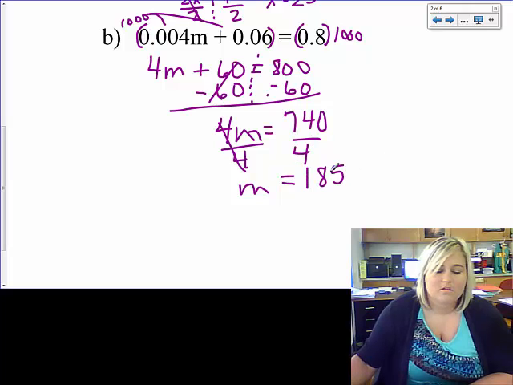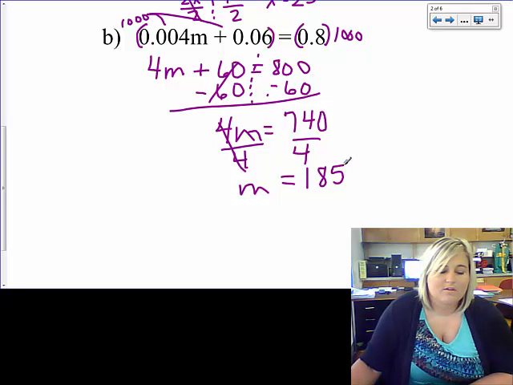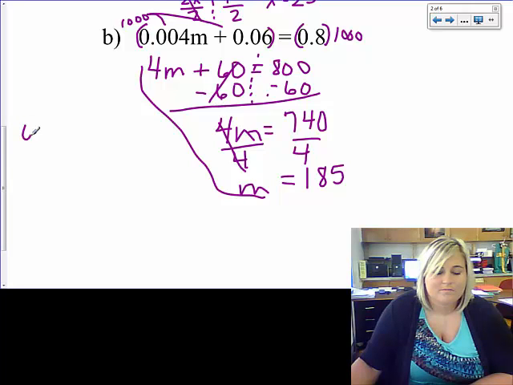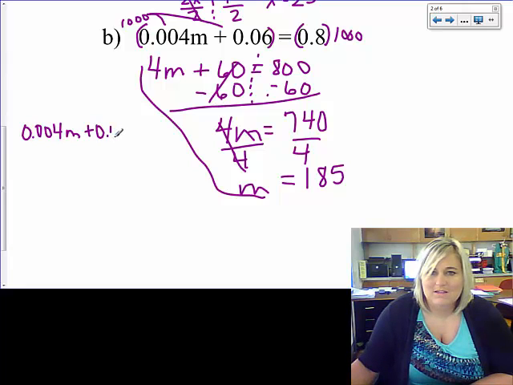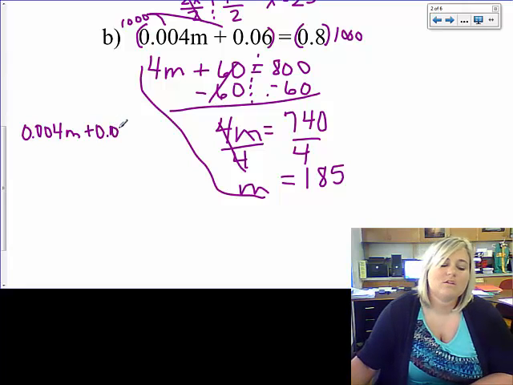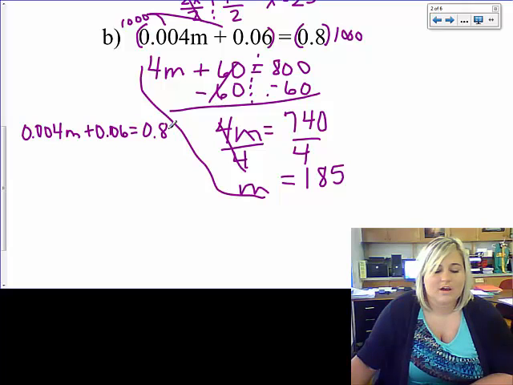Again, I can do the exact same thing without changing it to an integer and just work with those decimals. So this is one side, I'm going to work over here. I have 4 thousandths m plus 6 hundredths equals 8 tenths. I'm going to follow the exact same process that I just followed. So on the left hand side is where my variable is at.